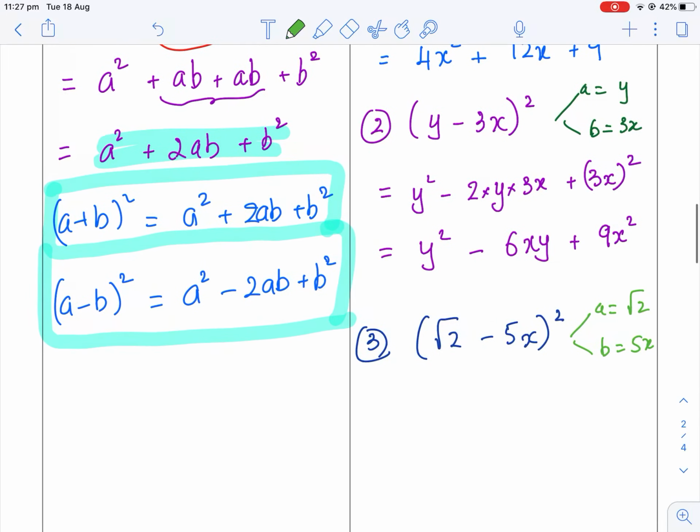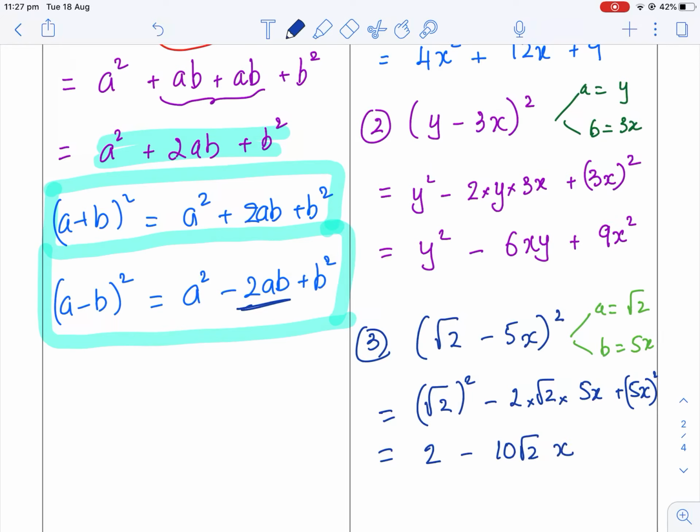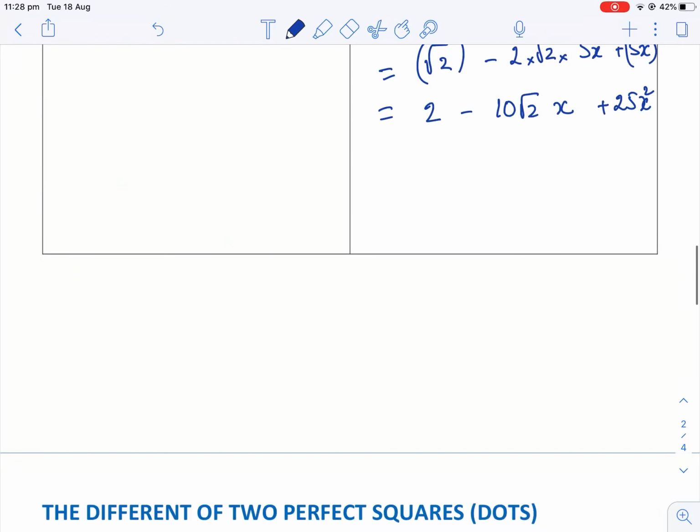So it's going to equal A squared, which is square root 2 squared, take away 2 times AB, 2 times square root 2 times 5x, and then plus B squared, which is 5x squared. And then square root 2 squared is 2, take away 10 square root 2 x and plus 25x squared. You can't go further, so this is your final answer.